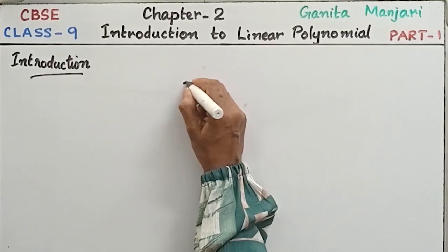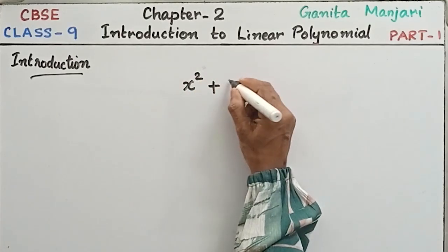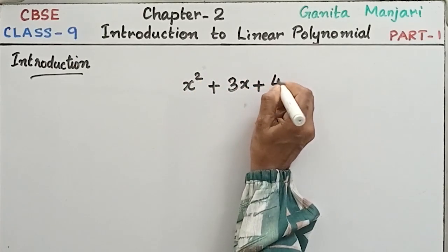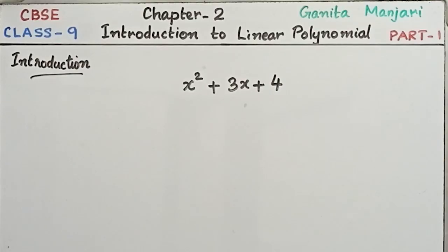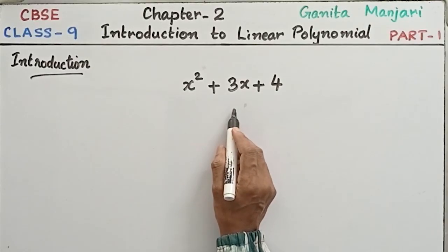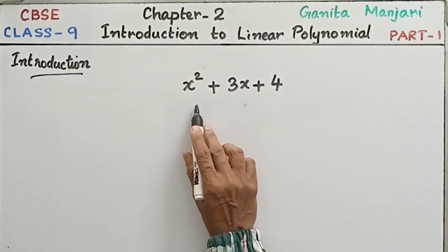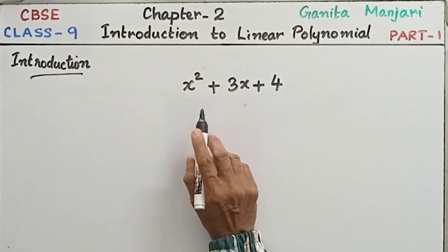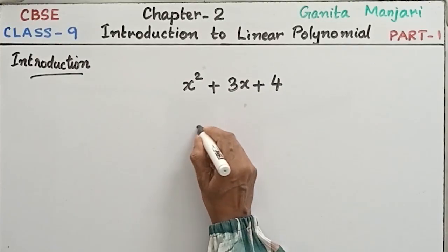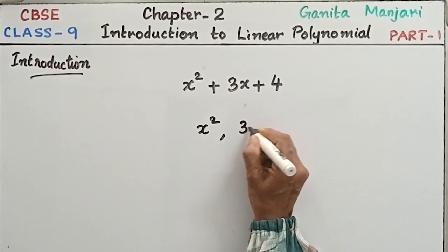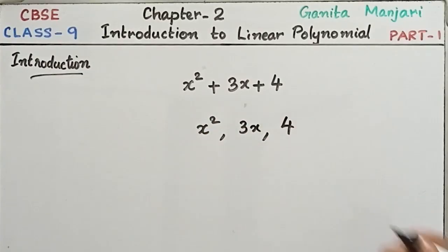Now let's see some other algebraic expressions. x square plus 3x plus 4. See, it's also a polynomial and the variable in this algebraic expression is x. Here how many terms are there? The first term is x square, the second term 3x and the third term is 4.